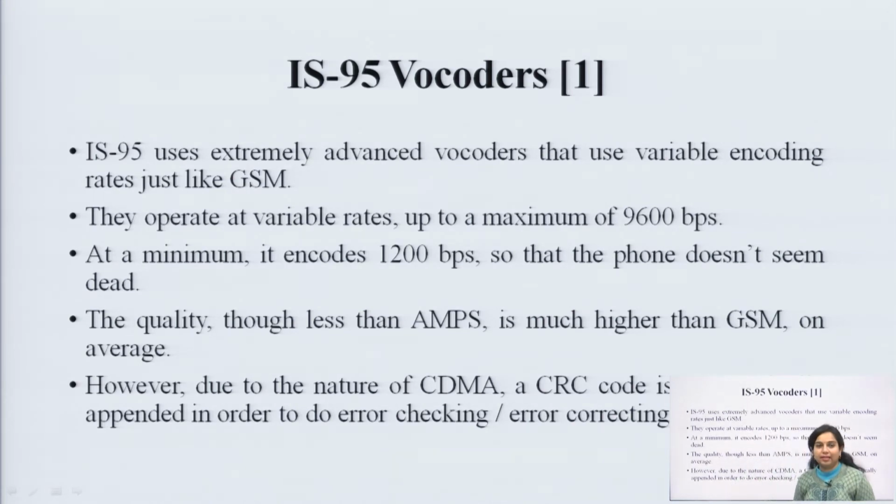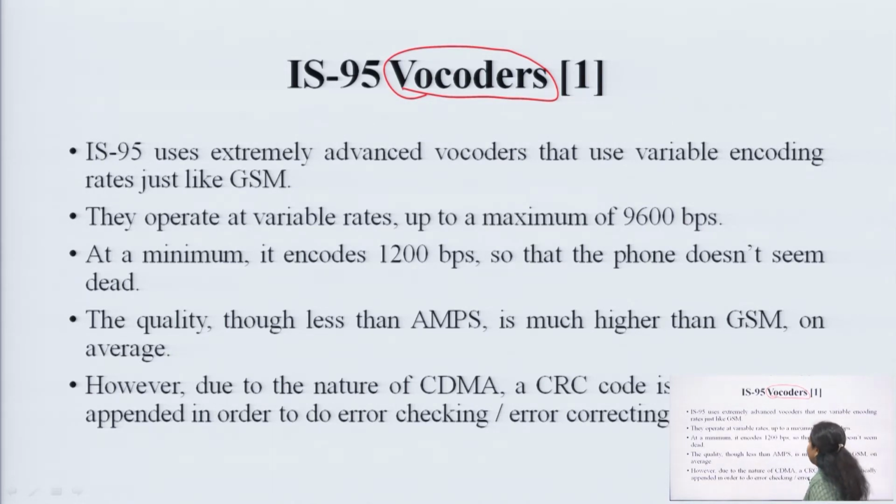Now, next is IS-95 vocoders. What is a vocoder? A vocoder is a voice coding system, because whenever we want to initiate a call and transfer information in the form of a call, a voice coding system is required, which will encode and modulate our speech signal considering two types of sound, voiced sound and unvoiced sound.